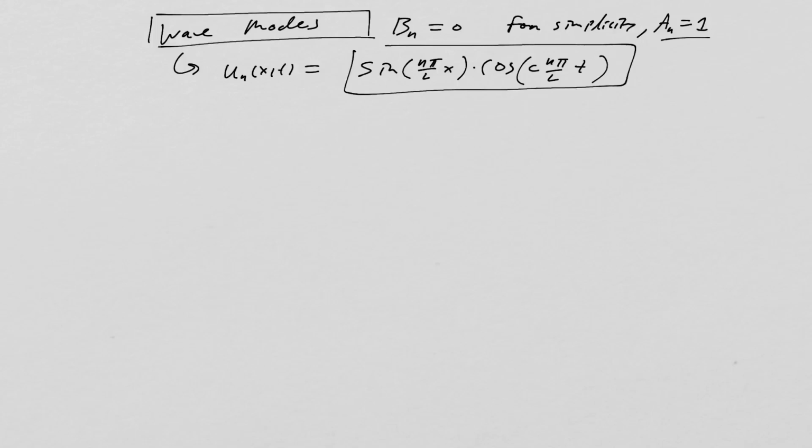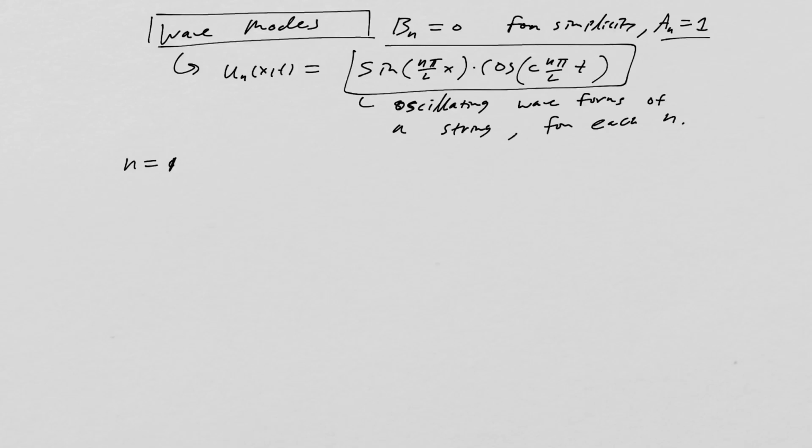So what we can see here is that these are oscillating waveforms of a string, and we have one for each n. I thought maybe we could talk a little bit about what these look like.